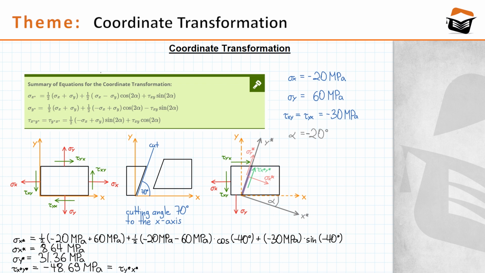That would be the shear stress, which I have not indicated here. That would be the shear stress acting perpendicularly to the cutting area. So far, so good. I hope that you understand how to perform the coordinate transformation and that you understand its purpose.